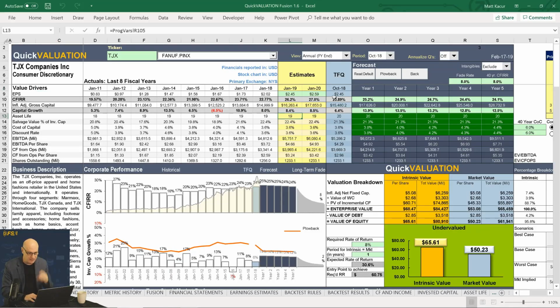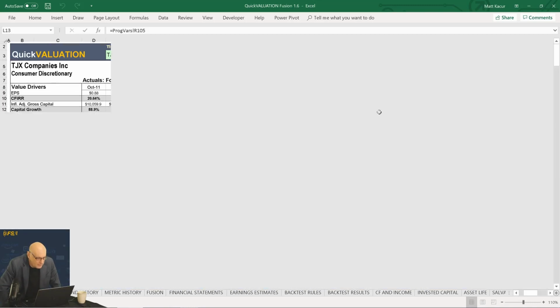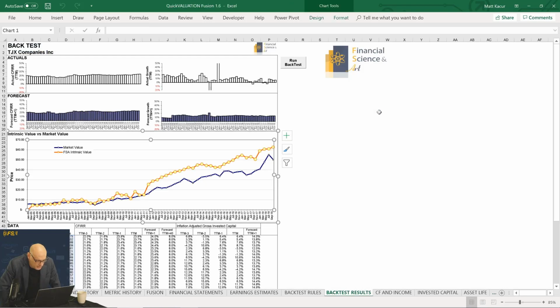So we have this button here, and it's going to go through, and we're going to do this in real time, and it's going to calculate every quarter for that we have data for, which is 20 years worth of data, and we get our valuation, which is this yellow with the orange with the yellow dots, and every one of those is the valuation at the time, and this was the actual stock chart.